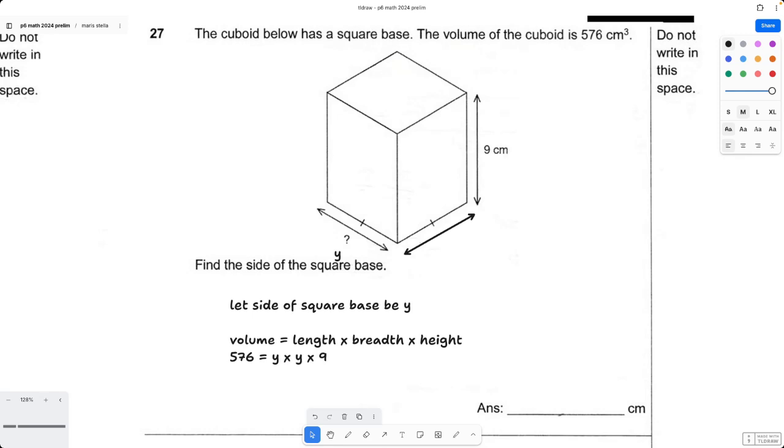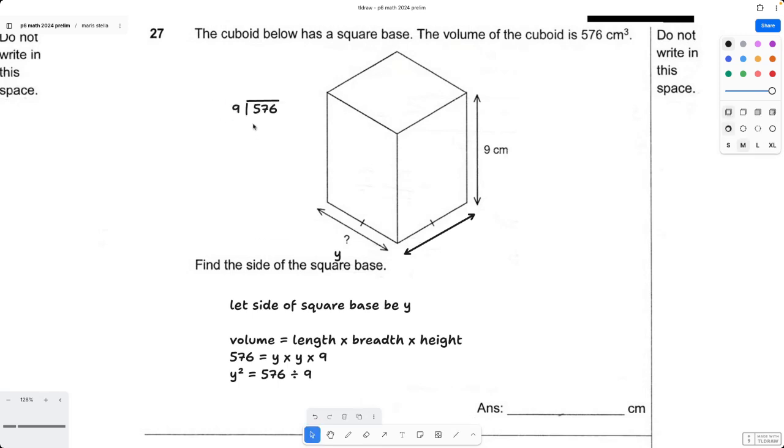So in essence, y square is equal to 576 divided by 9. So I need to do this division. 576 divided by 9.